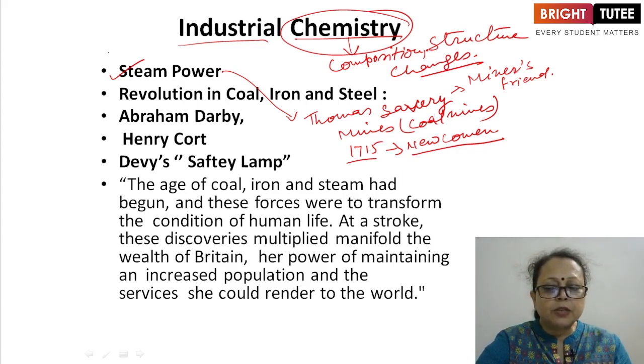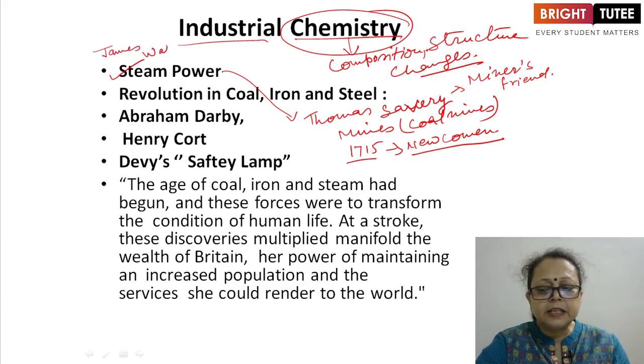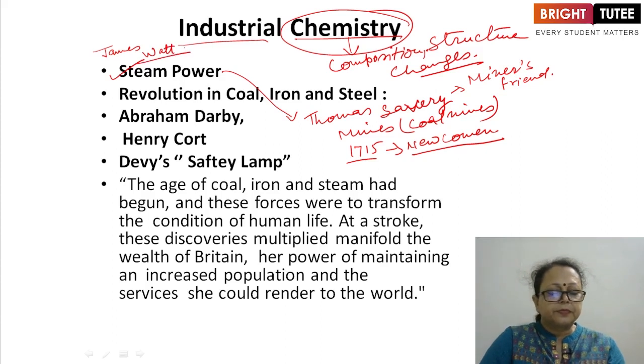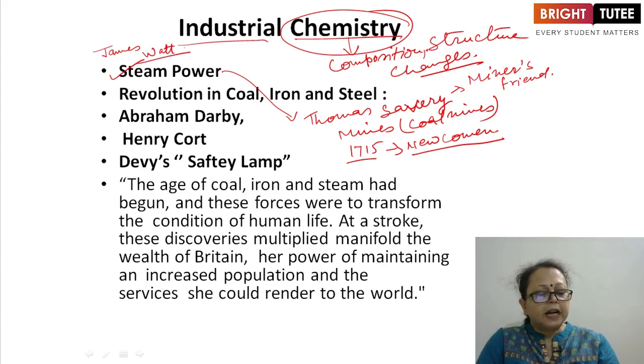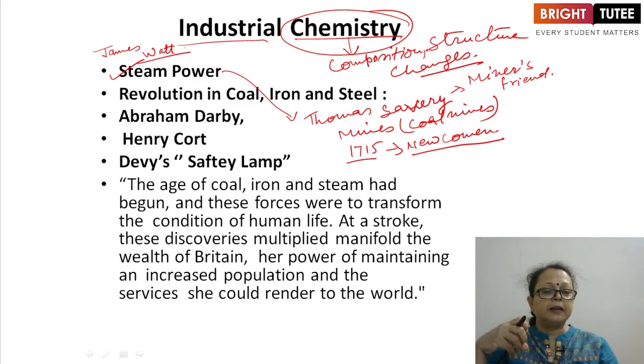The moment this name comes up about the steam engine, this name reflects in our mind. It is James Watt. He invented a political and economical steam engine. He made the steam engine a practical mover of all kinds of machinery, not only for pumping like Thomas Savery or Newcomen.